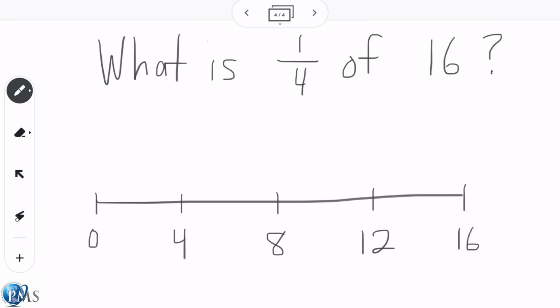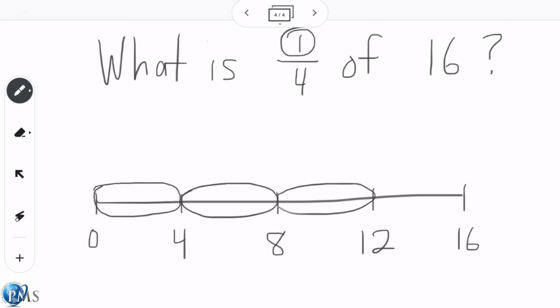Well, think back to the other problems that we've seen in other videos. We have our 4 equal pieces, and now if we look at our numerator, we want just one of those 4 equal pieces. So the question is, how long is just one of these 4 equal pieces?